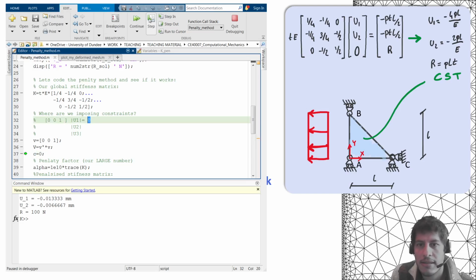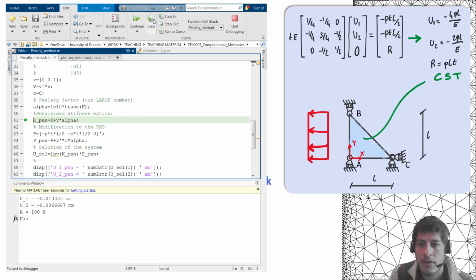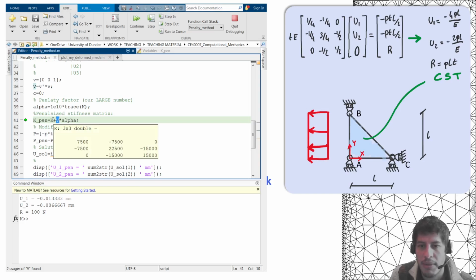And in this case, the displacement of node 3 was 0, so we put a 0 there. Now, the penalty factor is our large number, so I just put 10 to the power of the trace of the stiffness matrix, okay? So this is our alpha, and so the penalized stiffness matrix is the stiffness matrix plus this V times alpha. So basically, we're adding the big number in the bottom right corner of our stiffness matrix.